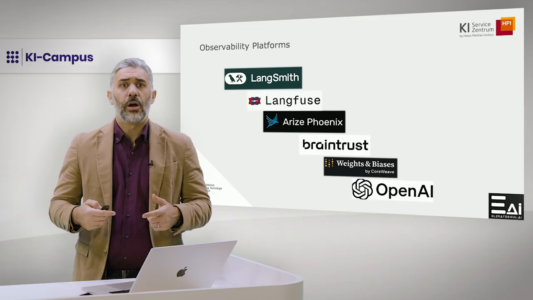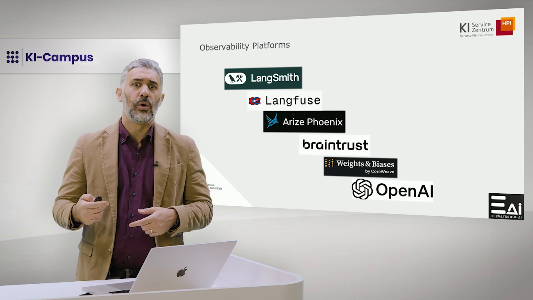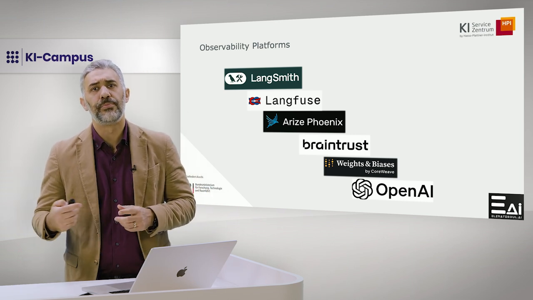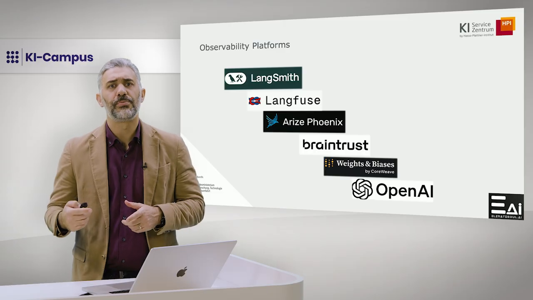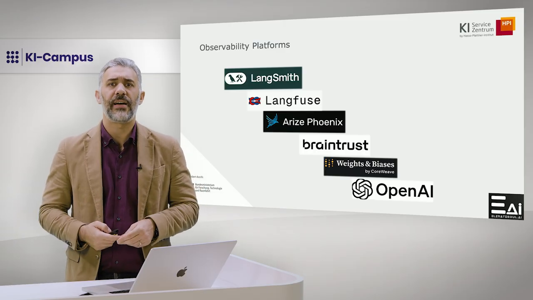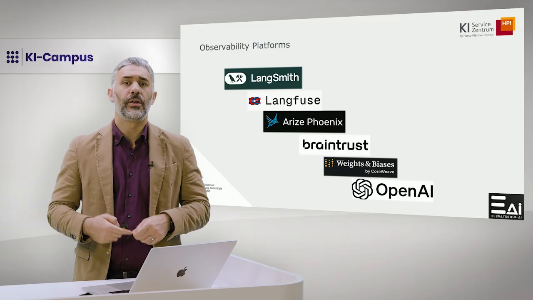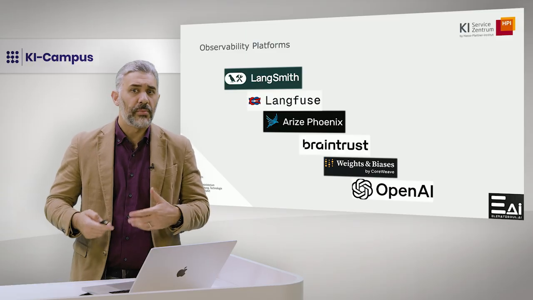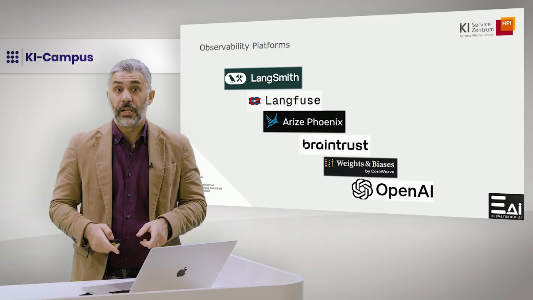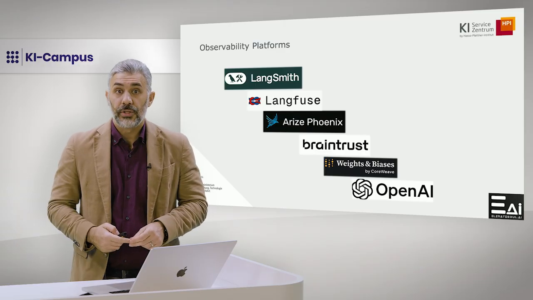Another couple are Weights and Biases, or W&B. This provides LLM tracing, logging, and artifact tracking as part of the broader Weights and Biases ML experiment platform. And last but not least, OpenAI logs.